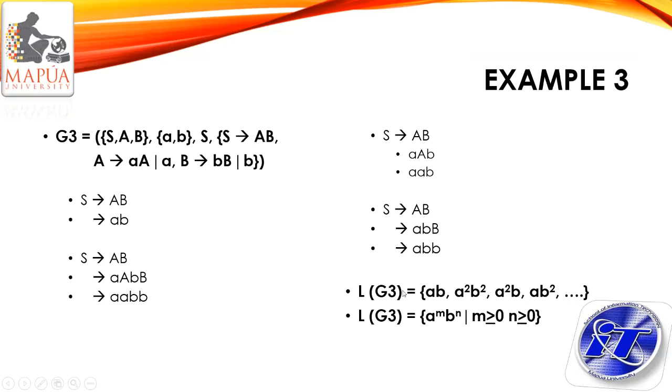It means m and n could be the same or different, since we use different symbols for the number of repetitions of a and b.